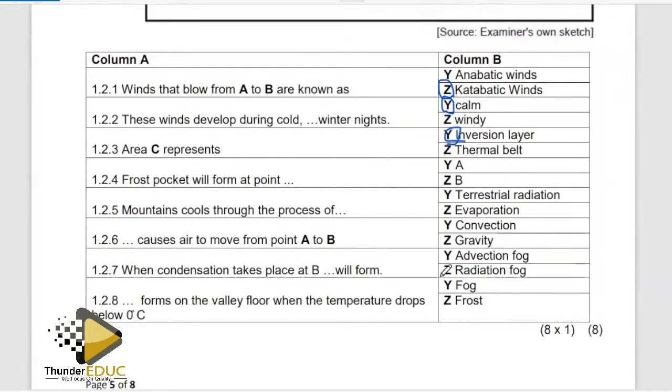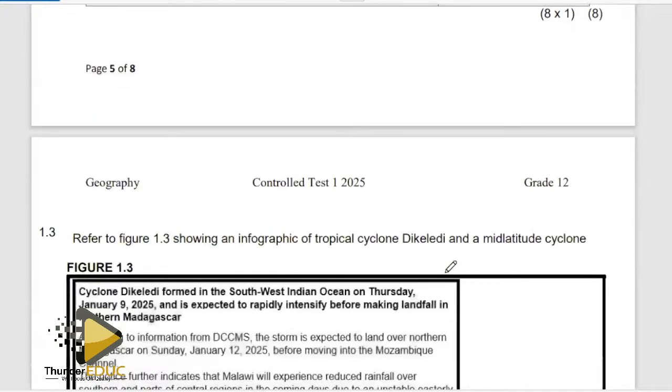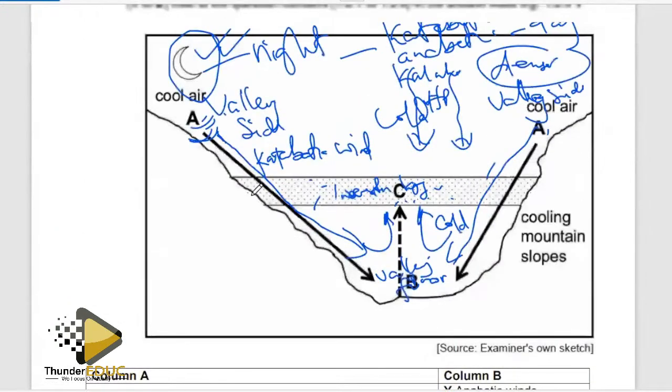All right. Frost pockets will form at point A or B. Let's go to our diagram. A is here on the valley side. B is on the valley floor. Frost pockets are a situation when the temperature falls below freezing point. The moisture contained in the air is going to freeze because the temperatures are below freezing point.